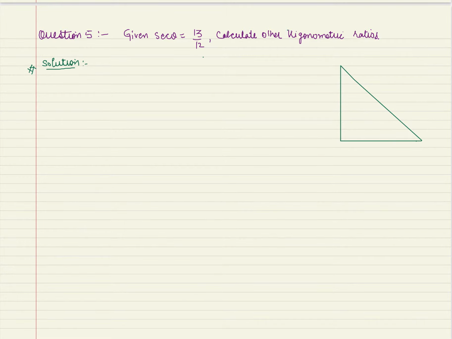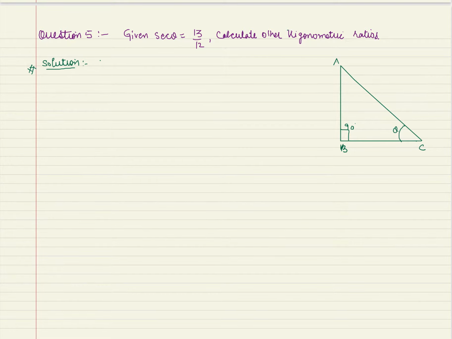Now this is a right triangle, and no information is attached with it yet. So this is angle A, this is B, and this is C. We will take this angle as 90 degrees, and we'll consider angle theta here. This part is the base.